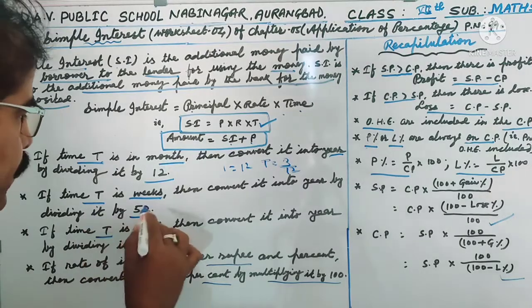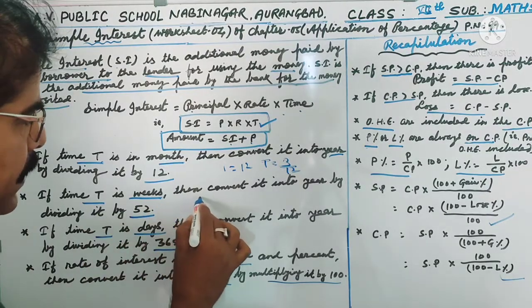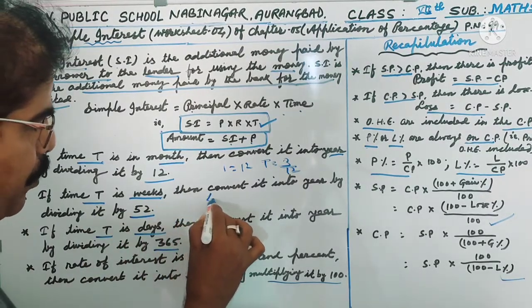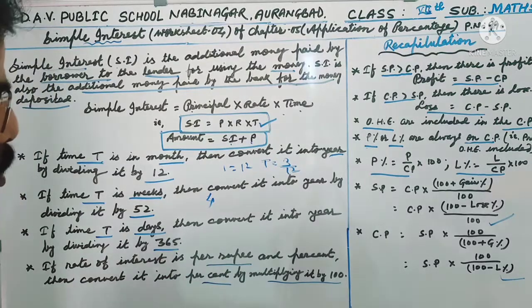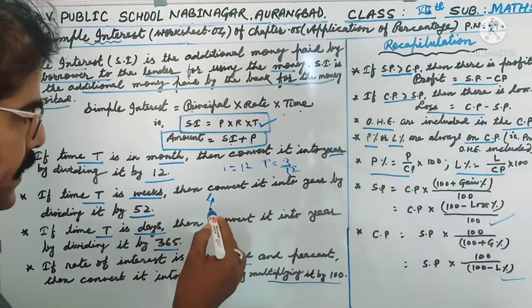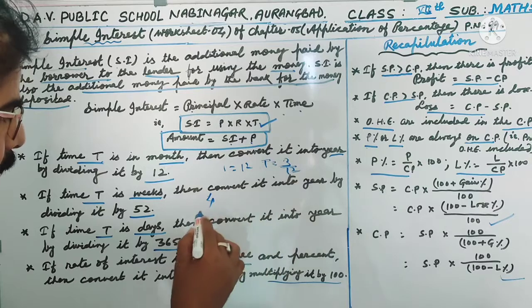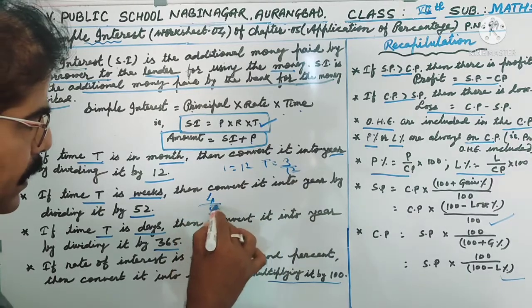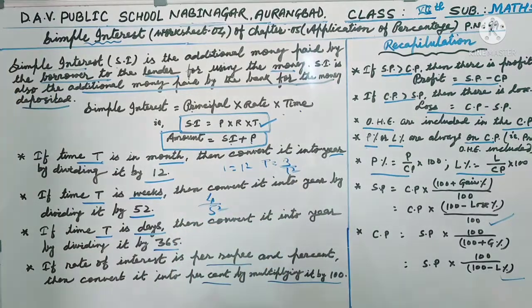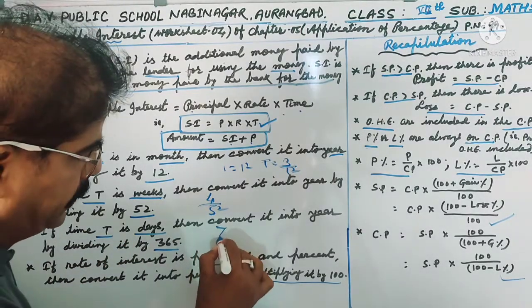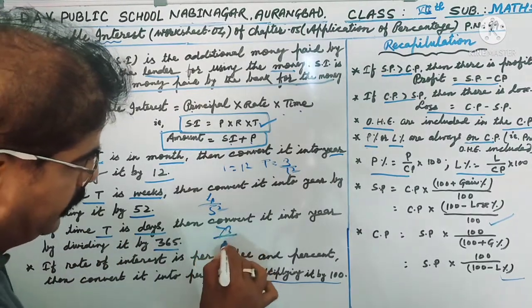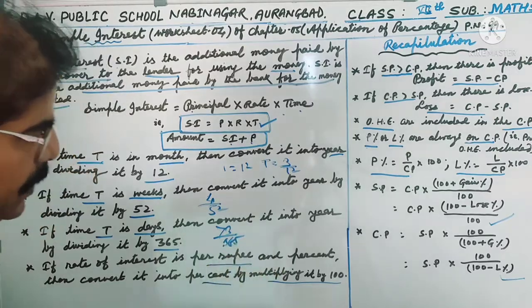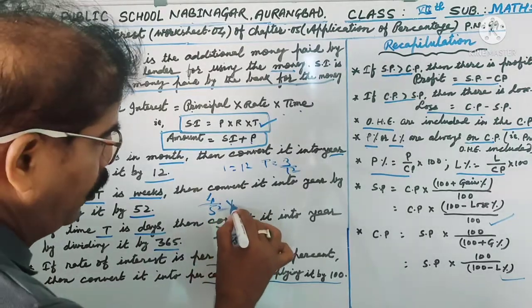In the same way, if the number of weeks is given as 4, convert it into years by dividing 4 by 52. And if T is in days, suppose 73 days are given, you divide by 365. All are in years.